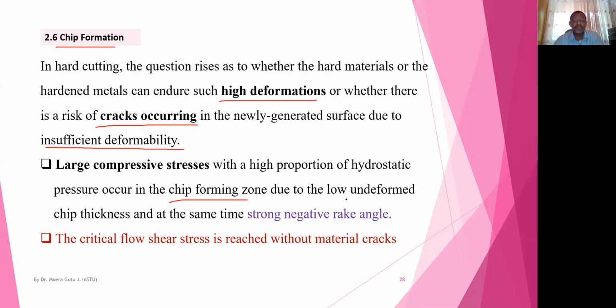The low undeformed chip thickness reminds us of the depth of cut, and a strong negative rake angle is required. The critical flow shear stress is reached without material cracking.